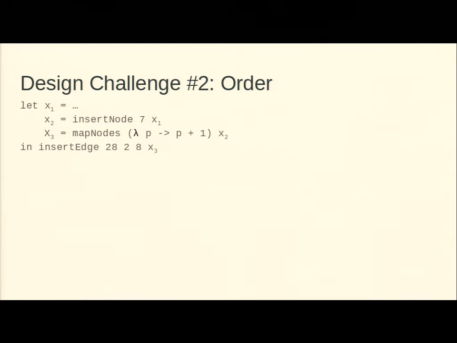Ordering is pretty important in this system. So there's implicit chronological order with these updates. So for example, this program here is quite different than one where we would swap x2 and x3. So if we first mapped over the graph and then we inserted node 7, for example, node 7 would turn to node 8. Oh, sorry, it wouldn't.